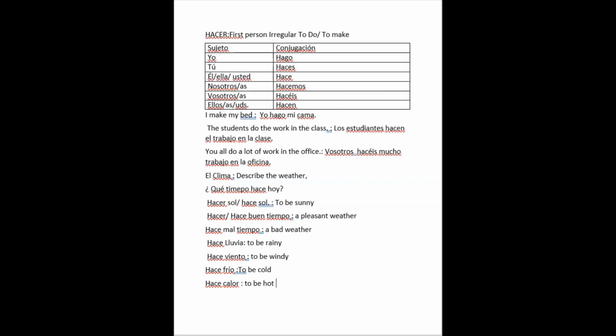Okay. For example, if I want to say in June it is very hot in Delhi, I will say hace calor or hace mucho calor en junio. You can also put en junio before as well.